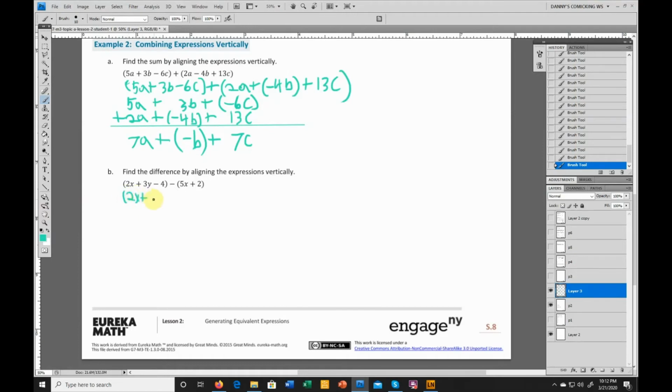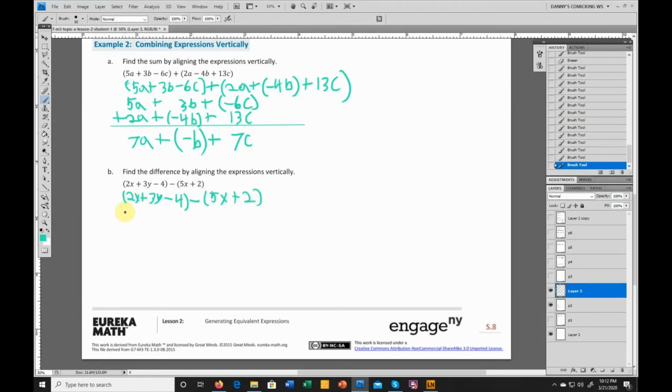plus 3y plus, excuse me, actually, that was wrong. That is a minus. Sorry, guys. Minus 4, parenthesis, minus, your parentheses again, 5x plus 2.